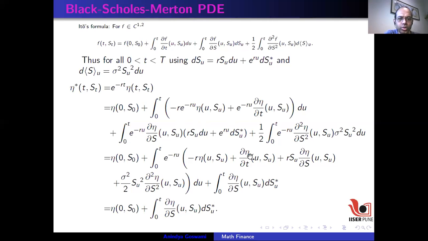And here I have r S del eta del s. And then here I have du also, so I have sigma square S square del 2 eta del s2, so sigma square S_u square by 2 del 2 eta del s2. So this half is coming here.